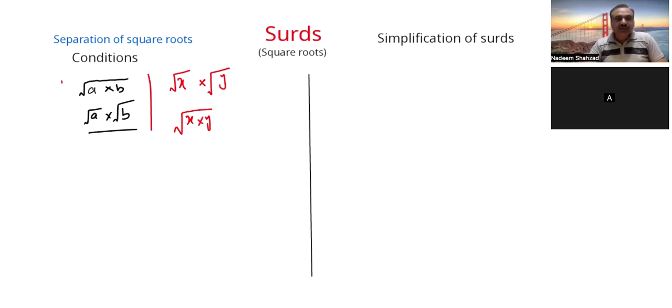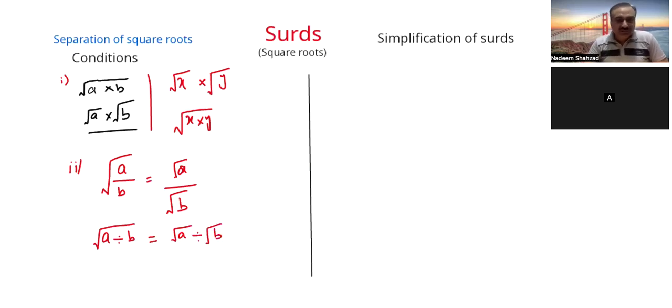In the second condition, if we have the same terms in division, suppose a divided by b under a combined square root, we can also separate their square roots. We can write it as square root of a divided by square root of b. Also, if we have a divided by b, the whole square root, instead of a fraction, we can also separate their roots: square root of a divided by square root of b.